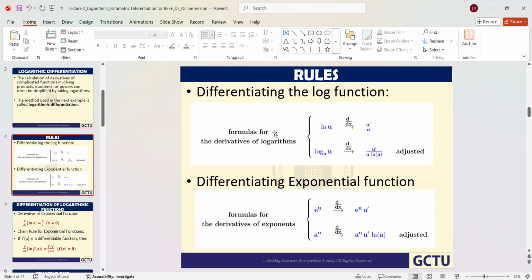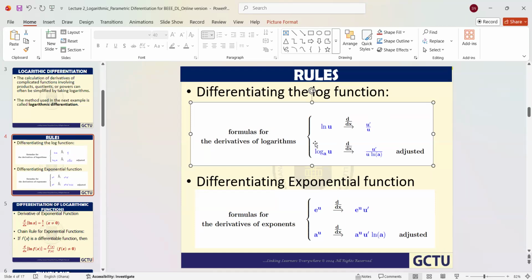First of all, if you are using natural log, then when you differentiate a natural log, you first differentiate the function of x. This time we are using u. So you differentiate u, that will be in the numerator, and then you repeat the original function in the denominator. That's the rule for natural log.